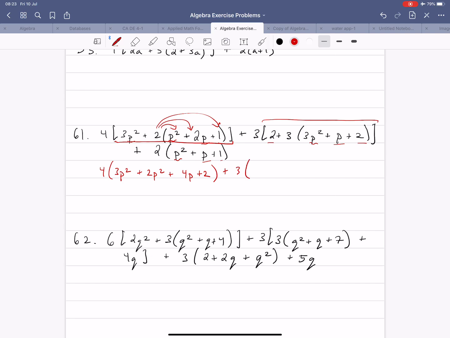So that'll be 3 times 2 plus, I'll distribute this 3 out to all of my terms with the distributive property, 9p squared plus 3p plus 6. And then finally, I'm going to do the same thing here where I distribute this 2 out to each of these terms. So that'll be 2p squared plus 2p plus 1. Okay?